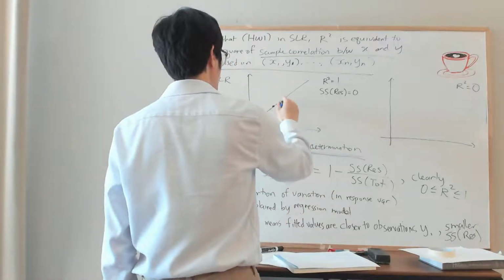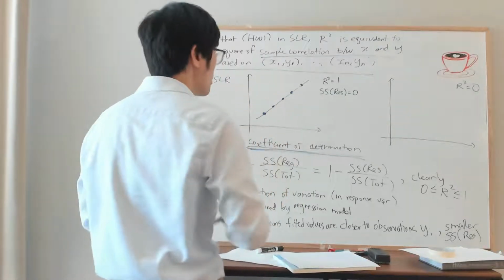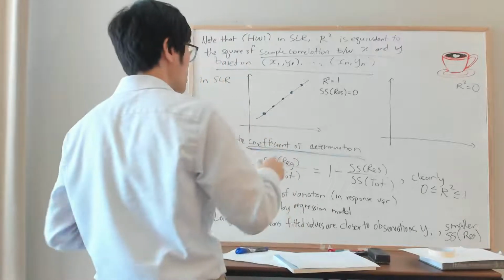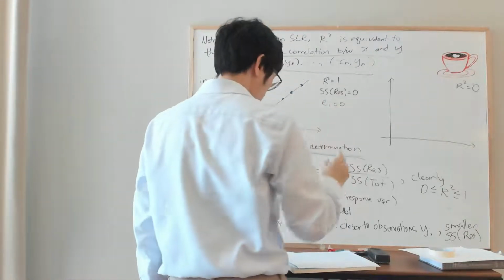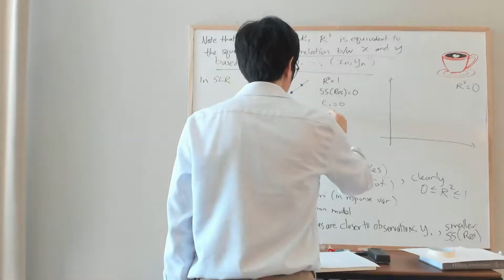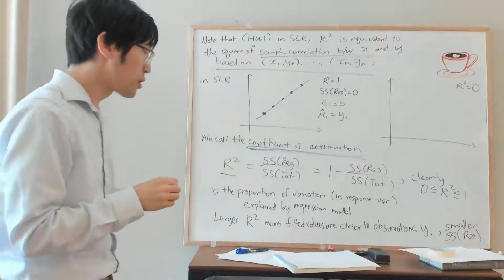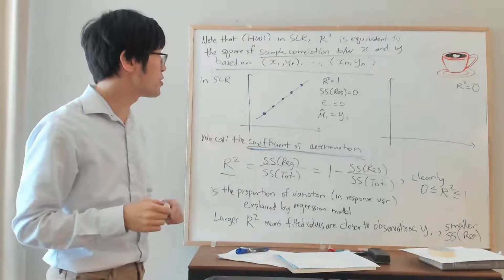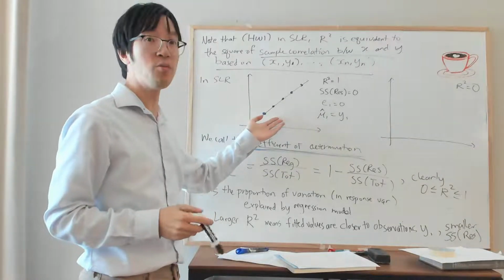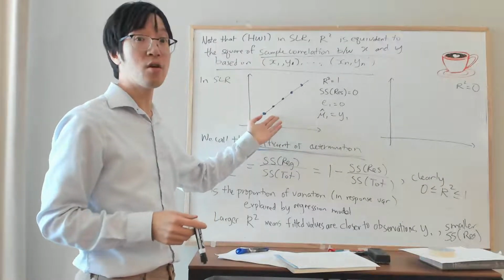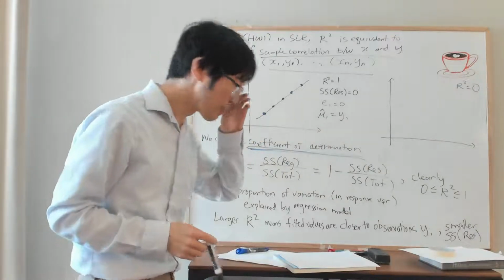The regression line goes through all of the points. So this is r squared equals 1. The residuals are 0, and the fitted values mu i hat are equal to the observations. This is the extreme case where the regression line perfectly fits our data.